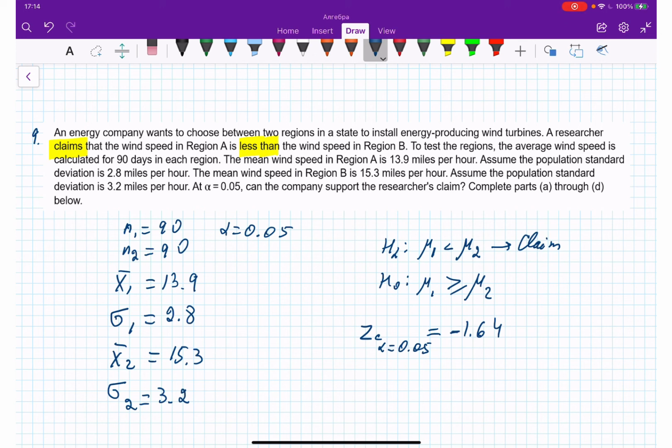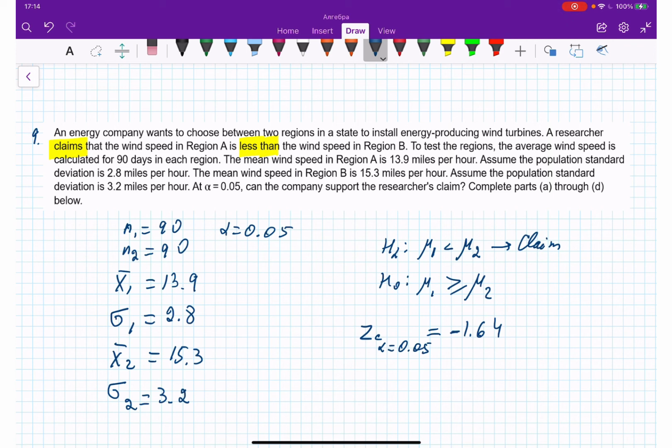Now we need to find a rejection area. To find the rejection area, our z critical is negative 1.64.